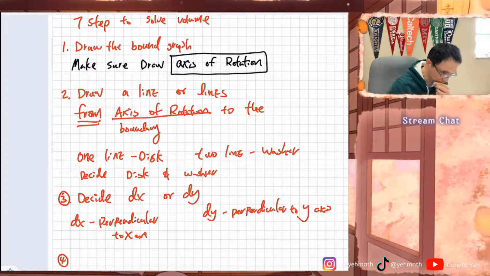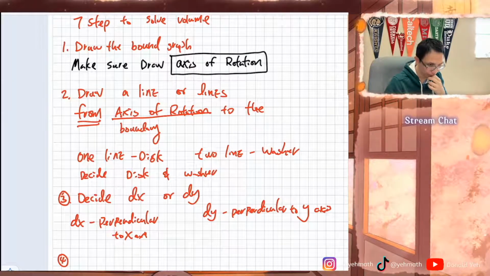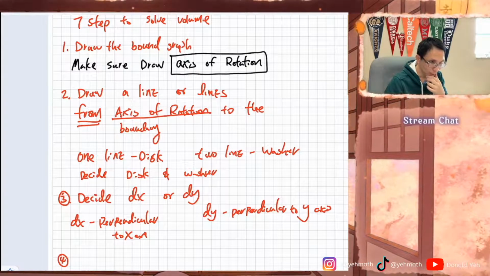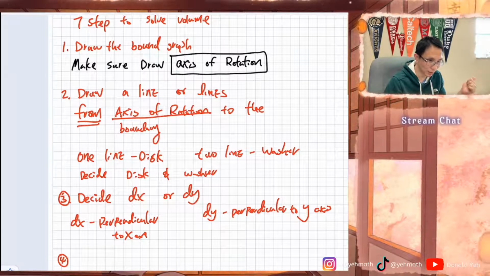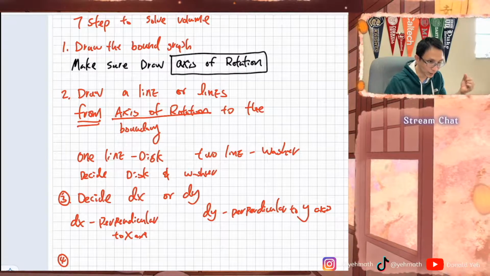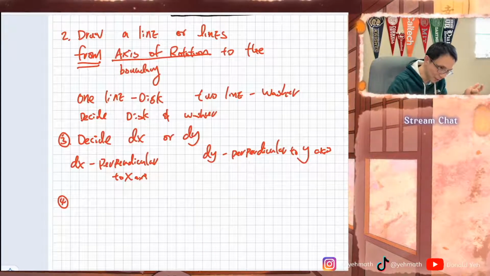If it's dy, it's sideways, like this. So we decide a disk or washer, we decide dx or dy. The fourth step is to decide the boundaries.